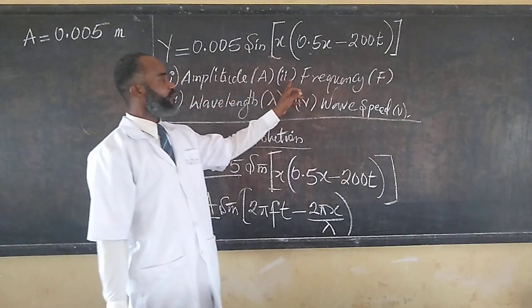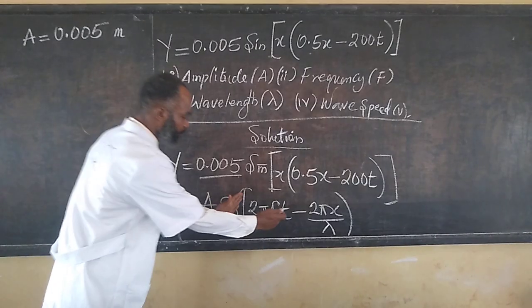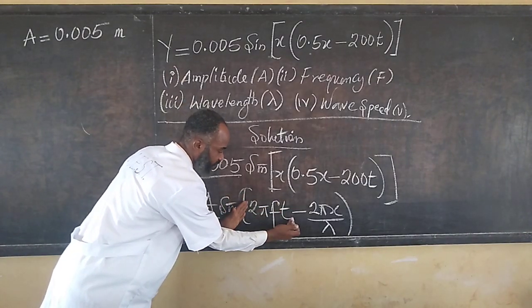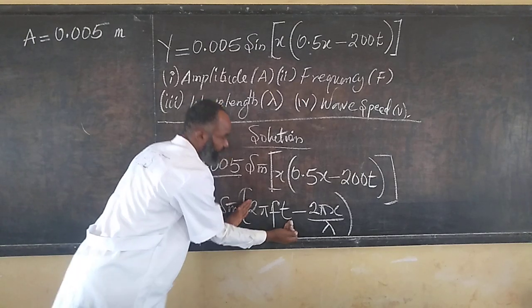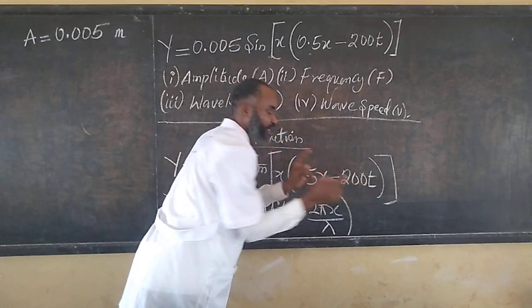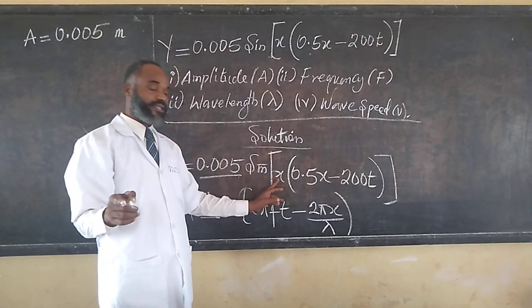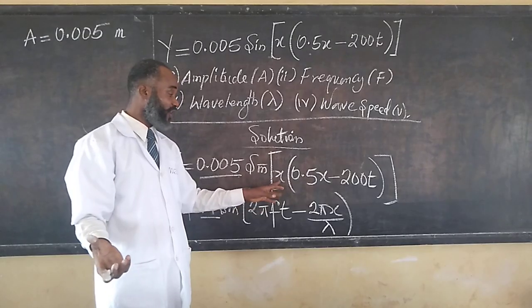Then the next one is the frequency of the wave particle. This is where the frequency parameter is found, so we compare this part with this part. But there is something here. We need to rewrite this, because this parameter x is irrelevant and doesn't have any role here.